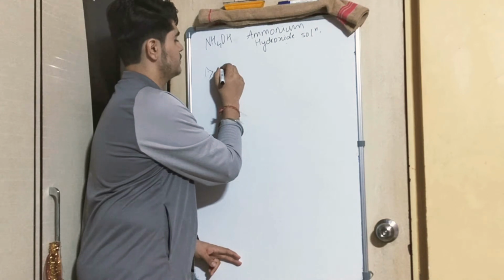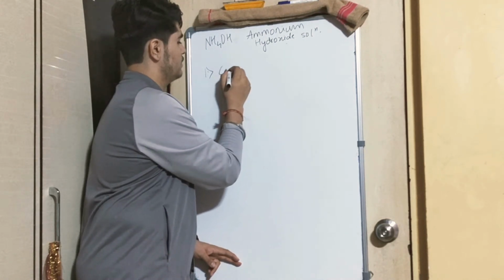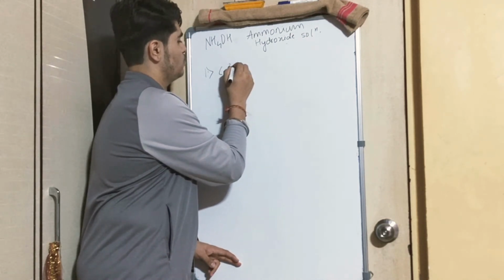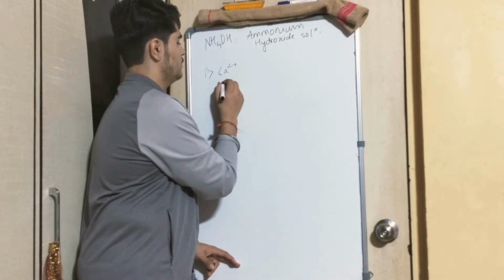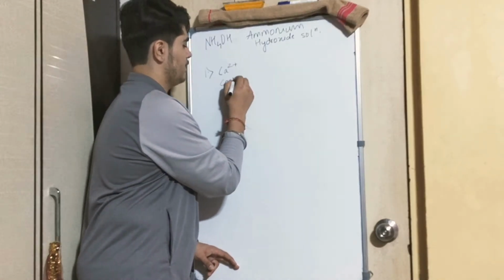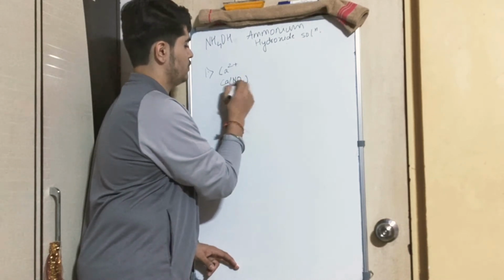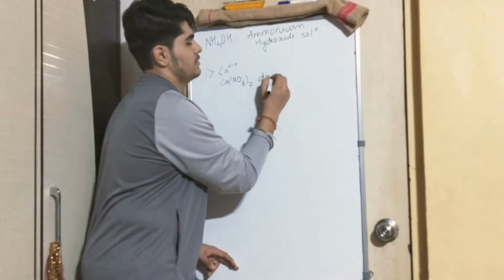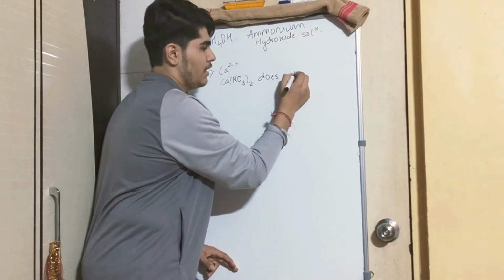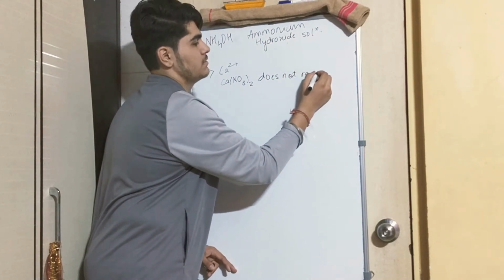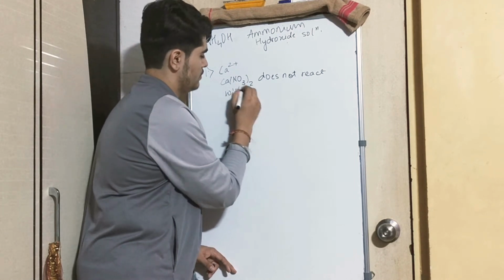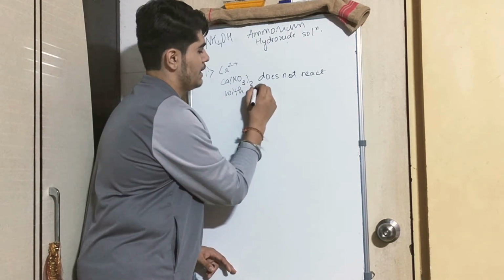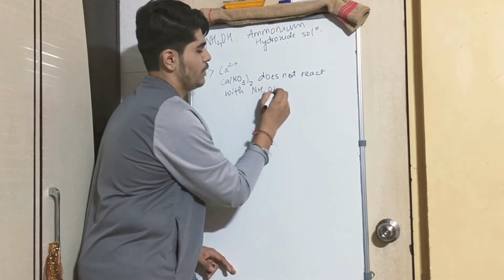First reaction is with the Ca2+ ion. Ca(NO3)2 does not react with NH4OH.